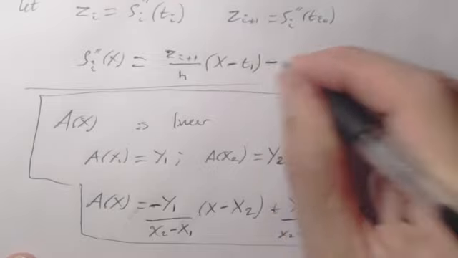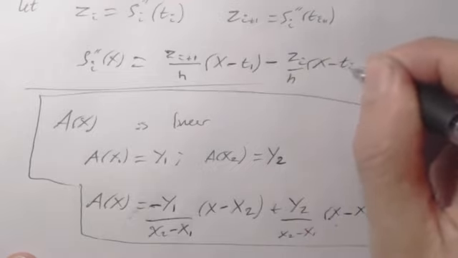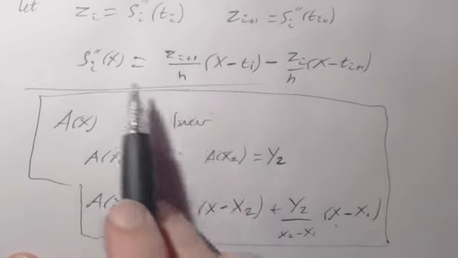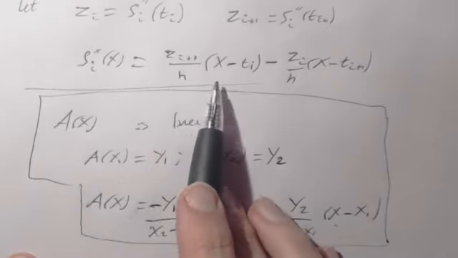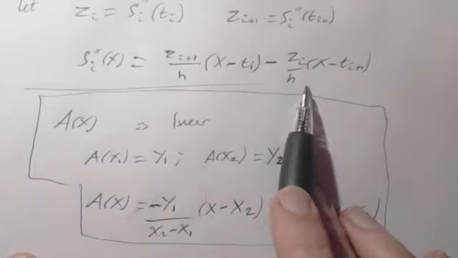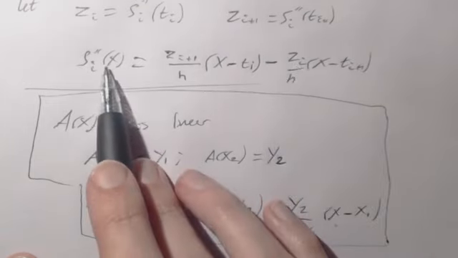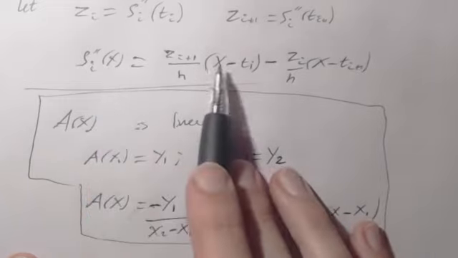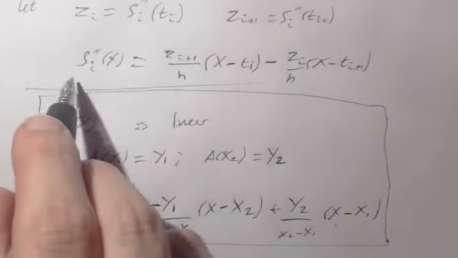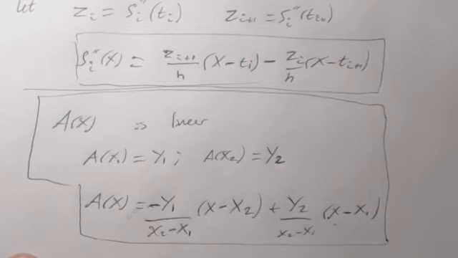And we're going to have minus zi over h times x minus ti plus 1. So let's just check this works. When x is equal to ti, this is 0 and this is minus h over h times minus zi. That's zi, that's correct. And when x is equal to ti plus 1, this bit's 0 and you get h over h times zi plus 1. So we know that the second derivative of si is equal to that.